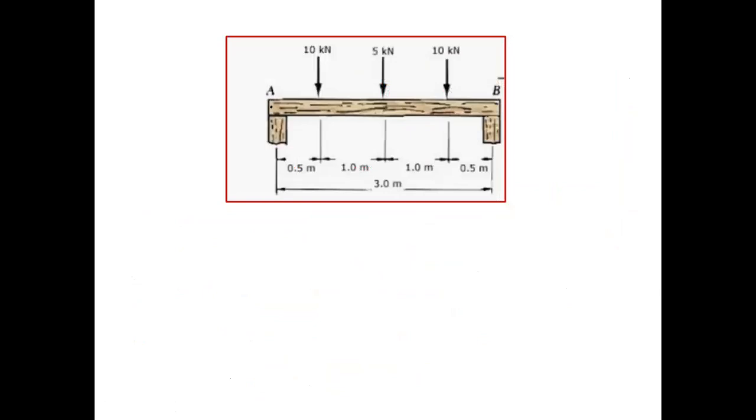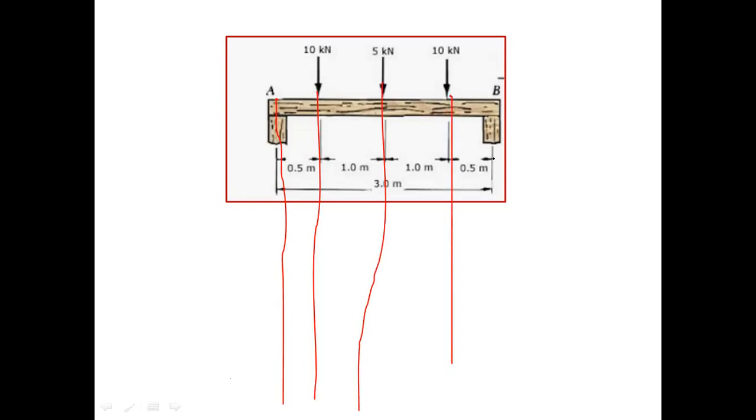Here we can see the loaded beam, and from this beam we can take straight lines from these points. Straight lines, not curved lines. Here it may look like some curved line, but actually it is a straight line.